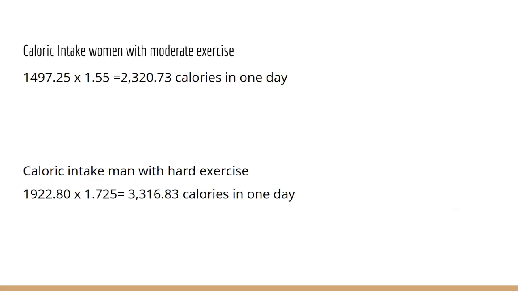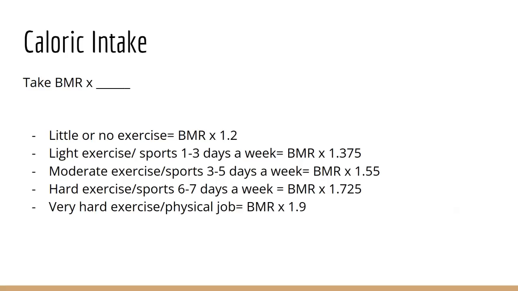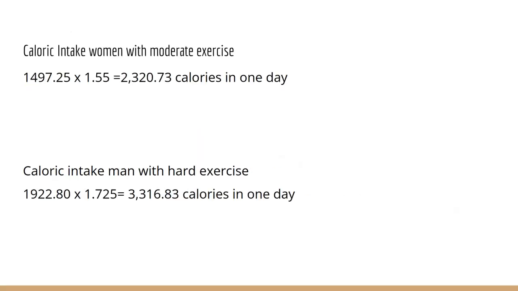So the woman that was 145 pounds, we took her BMR of 1,497, and she said that she had moderate exercise, and she can intake 2,320 calories as long as she's doing her exercise the way that she sees herself exercising, and she can burn that off and not gain any weight from that.